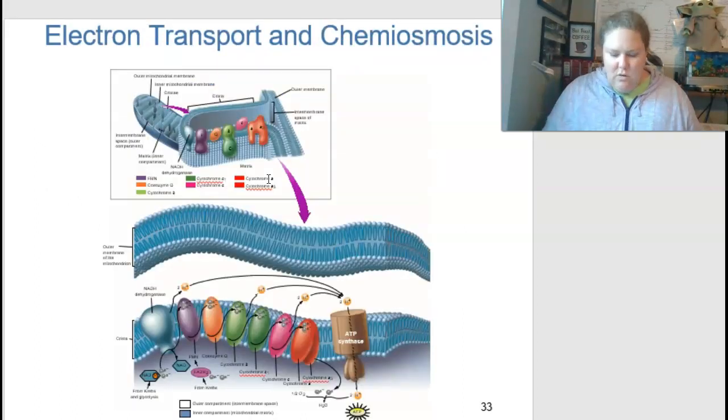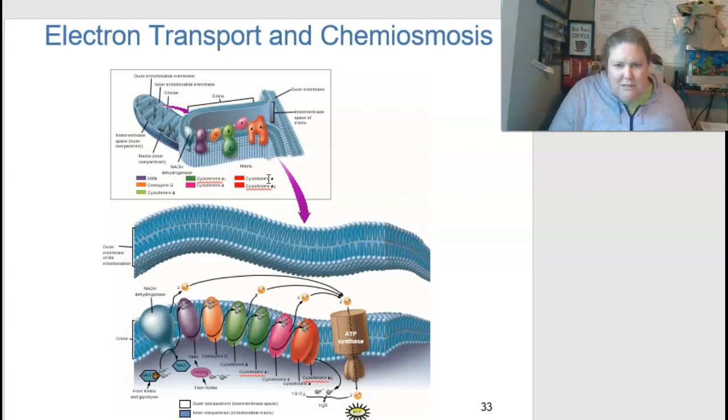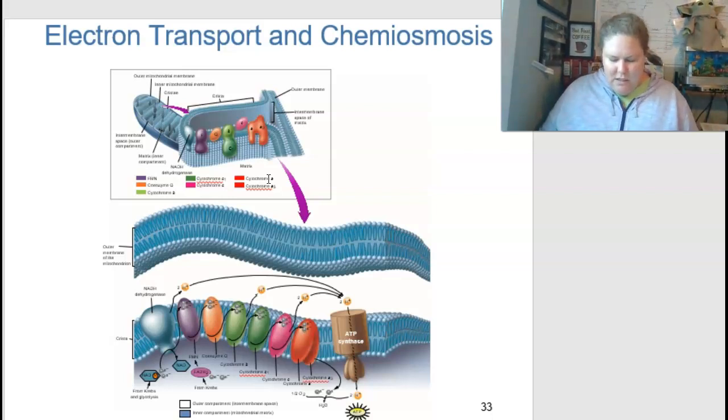This picture is electron transport and chemiosmosis. This one is very similar to the one in figure 8.20, slightly different. Basically, the electron transport system transports protons into the intermembrane space, and it sets up a chemical and charge gradient between the intermembrane space and the matrix, and this is called the proton motive force.